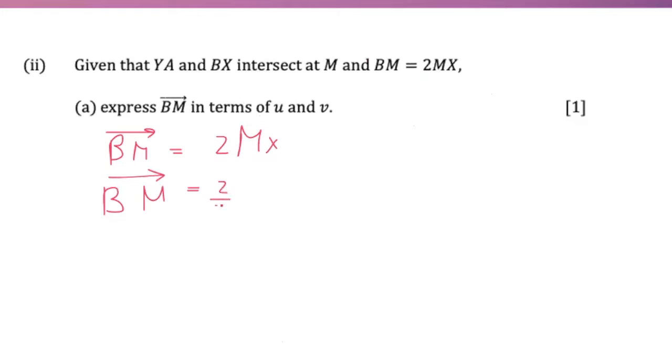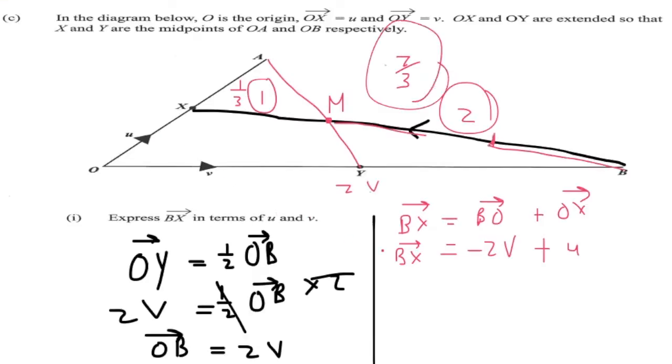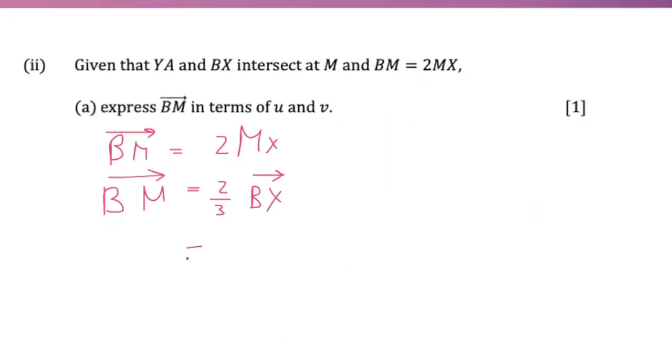So this would be 2/3 of BX. Now, BX is this. Just one BX. So that means I can have 2/3 of minus 2V plus U.